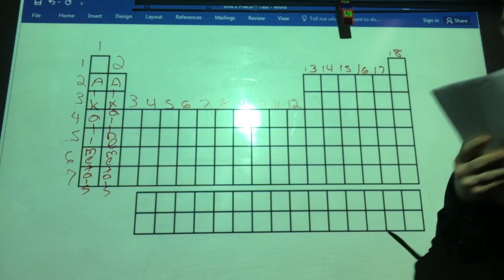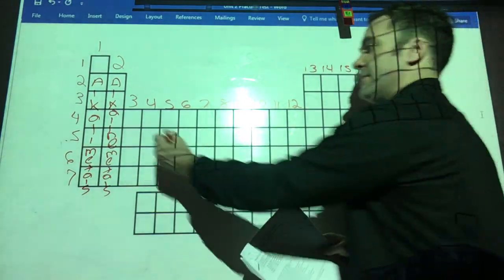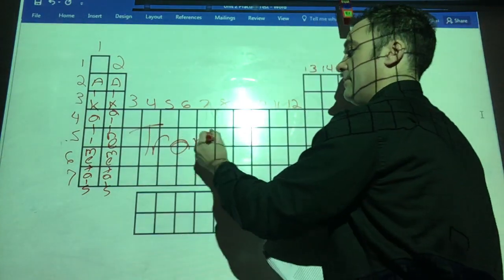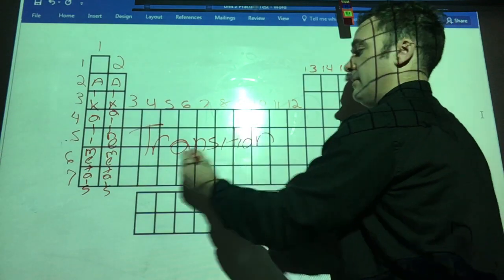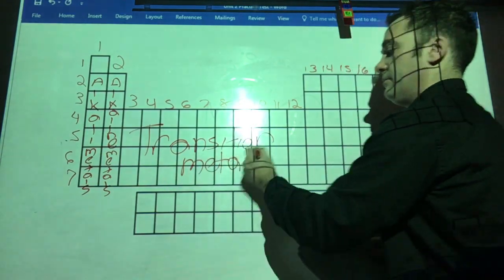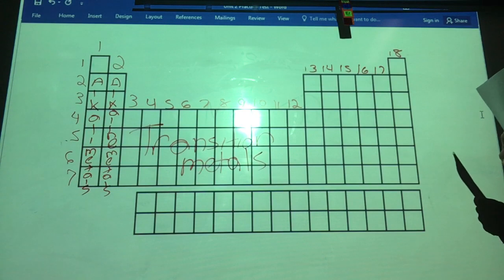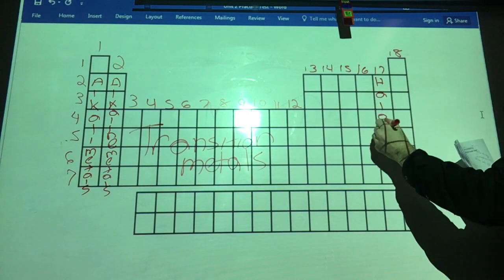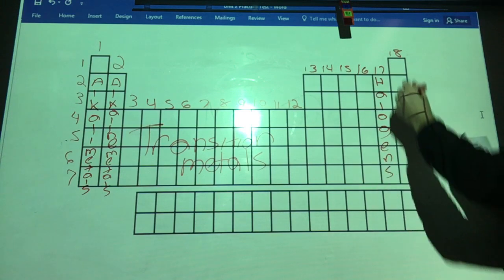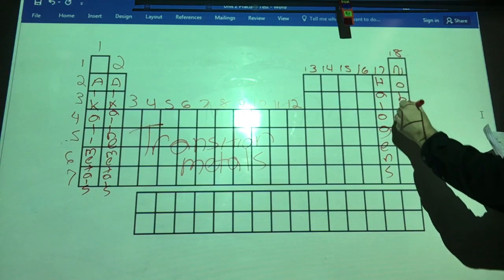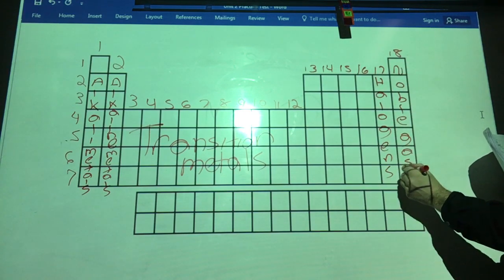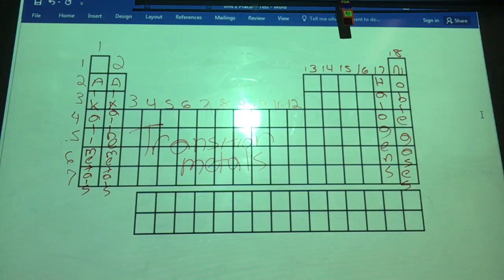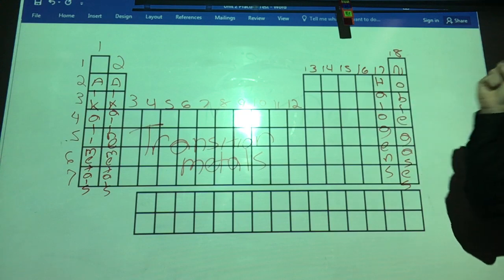Okay, families 3 through 12 are called the transition metals. Family 17 is called the halogens. And 18 is called the noble gases. I'm giving you these words. You just got to know where they are. And then 13 through 16 have no family.